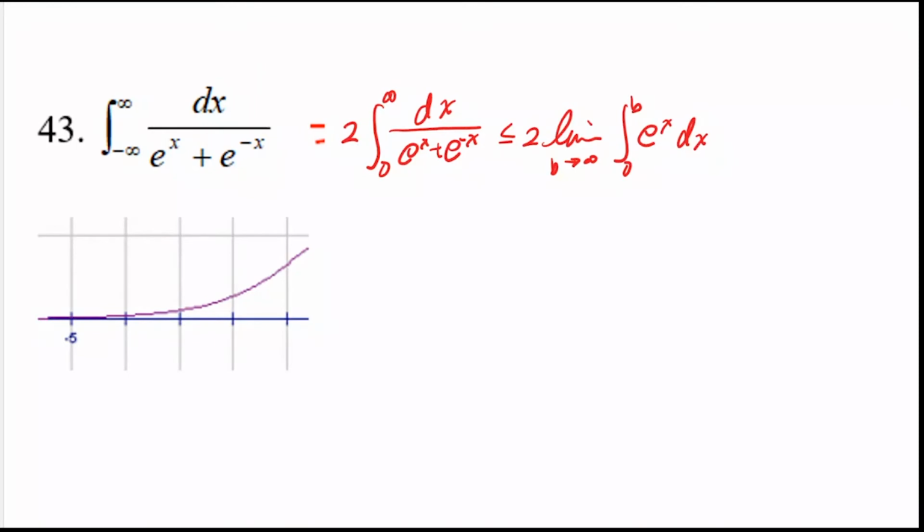Do you agree? This thing diverges to infinity, doesn't it? This function looks like this, and then this area. So eventually what we get is this. Now, what have we concluded? Nothing. You see the flaw of logic? This entire integral is less than or equal to infinity. You see why you don't want to do that one?